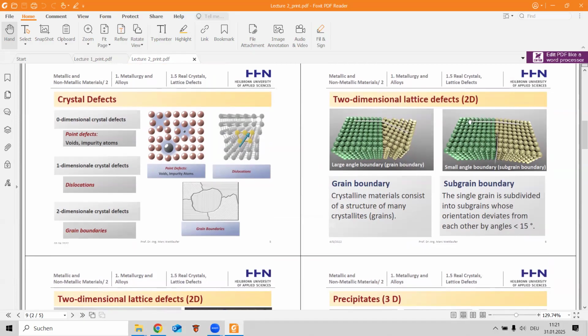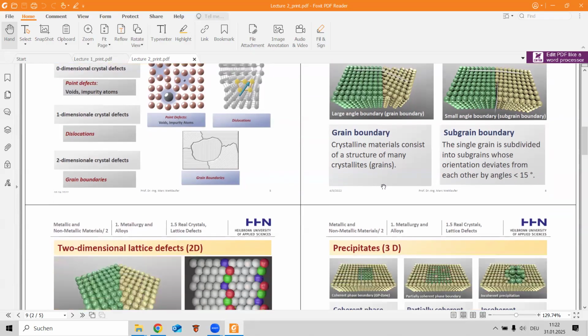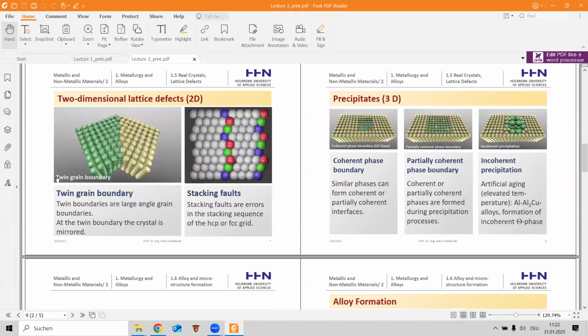And here we have a small angle boundary, the subgrain boundary. In a subgrain boundary, the single grain is subdivided into subgrains whose orientations differ from each other by an angle of less than 15 degrees. We also have a twin grain boundary here. Twin boundaries are large angle grain boundaries. At the twin boundaries, the crystal is mirrored.